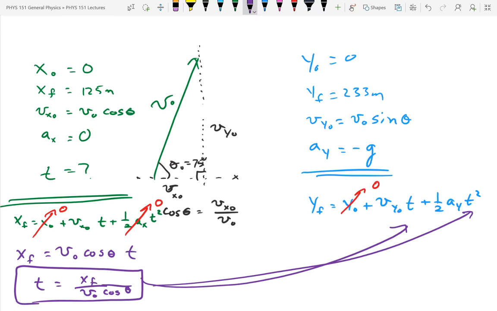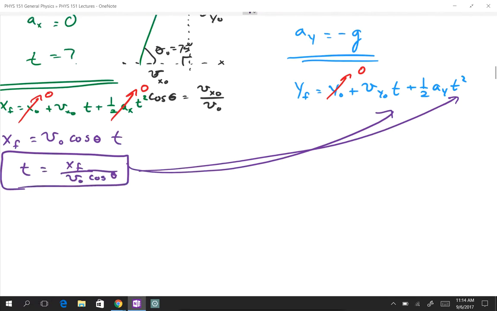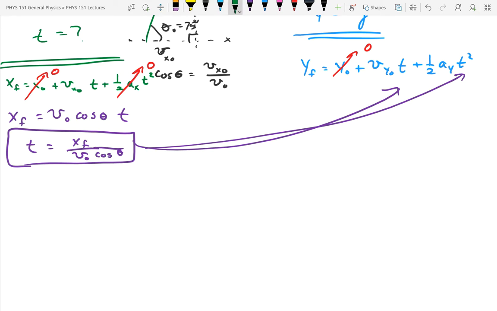And so my equation will now be, excellent work, so that parenthesis is the time.